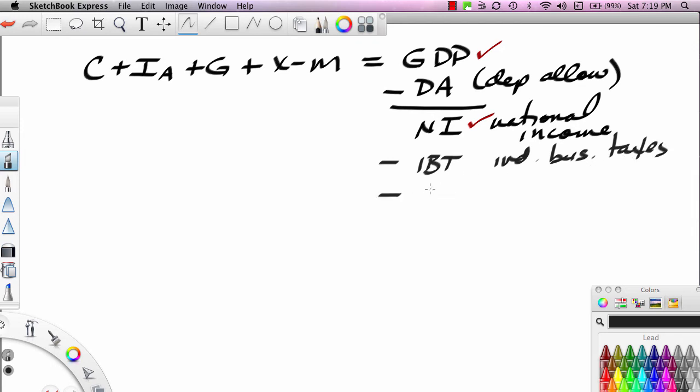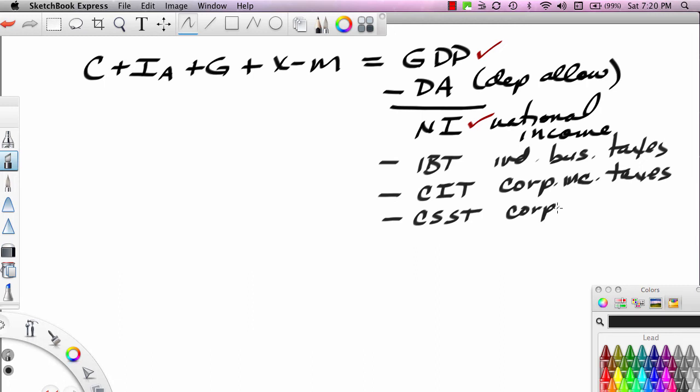You subtract corporate income taxes. You subtract corporate Social Security taxes. Corporations contribute to the Social Security program. If you subtract retained earnings, again, this is retained earnings.